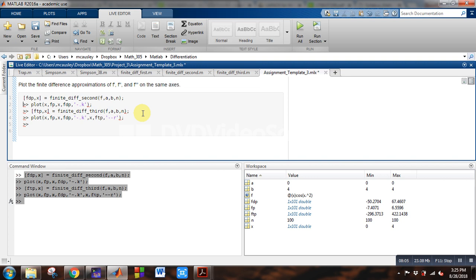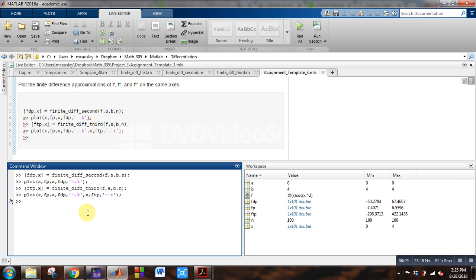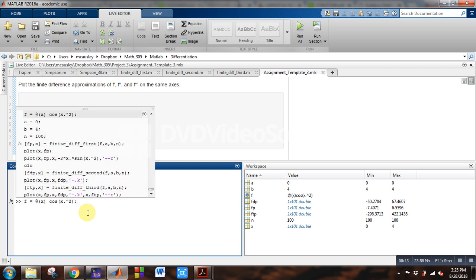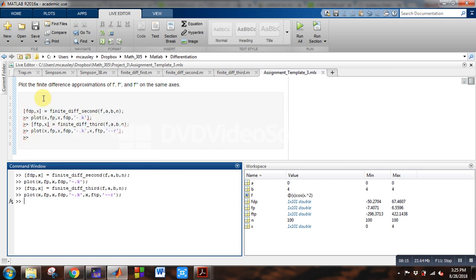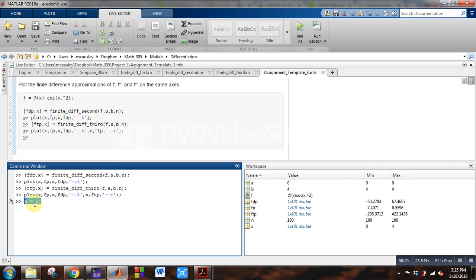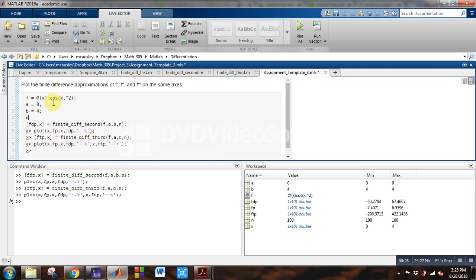Okay, and let's go back and get the history of what I've written from my command window. So I can hit the up arrow, and let's see how far back. Well, f was important, a was important, and b was important, and what else did we say? That N should be around, what did I have? 200, I suppose. No, 100. Okay.